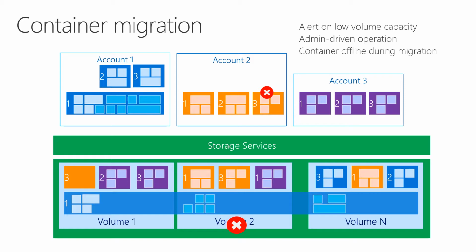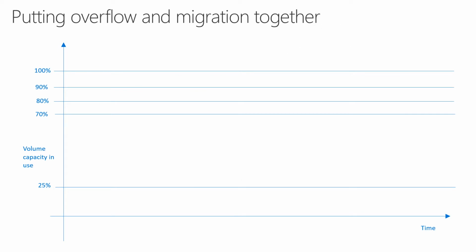So we create a new container on volume number 1, and then step by step we migrate all the page blobs into our new container on volume number 1. And what you can see here, this one is now empty and it gets removed. We have storage available on volume number 2. Few more details.